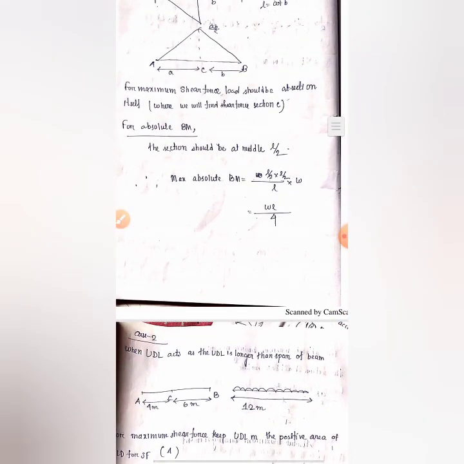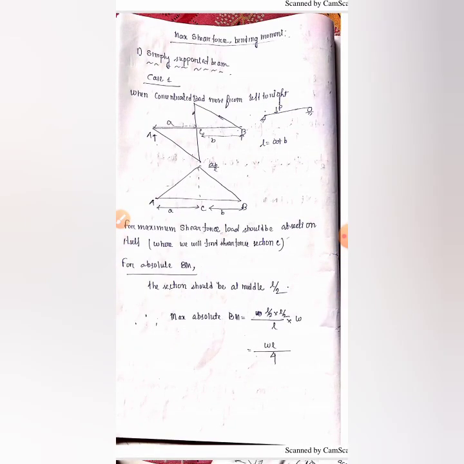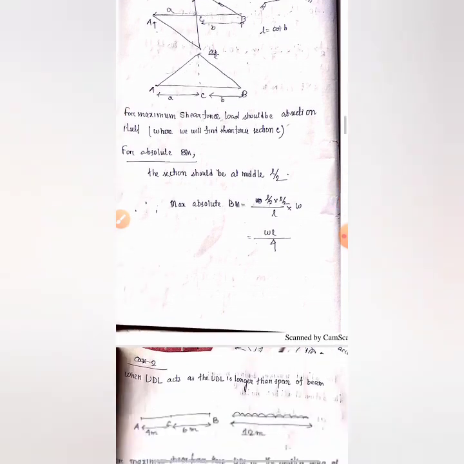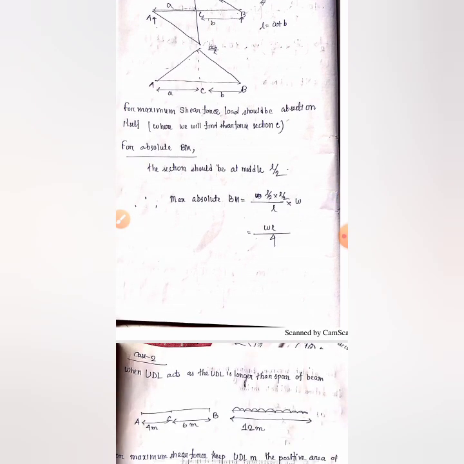So first case, the value comes WL by 4. Just remember one thing, if we want to find the absolute maximum bending moment, then we must take the center of the span, whether we have a single concentrated load or a UDL. If we have a single load, then just place the load over the center to find the absolute maximum bending moment.